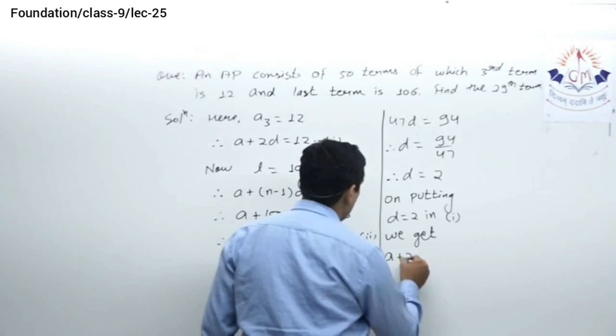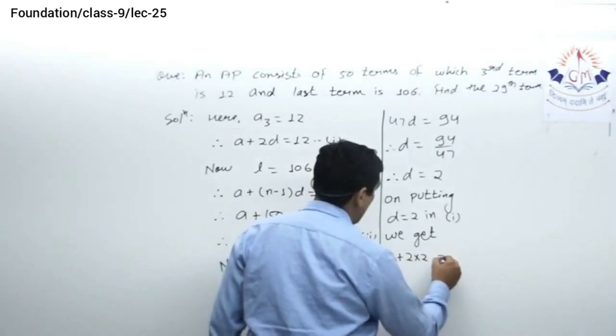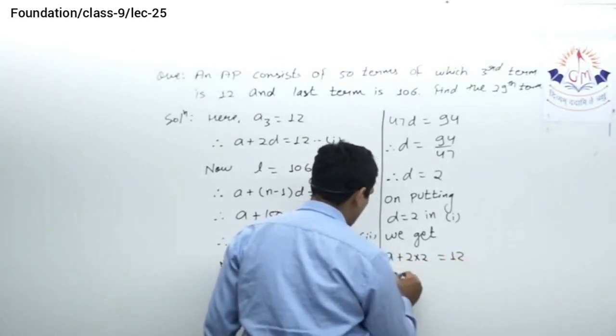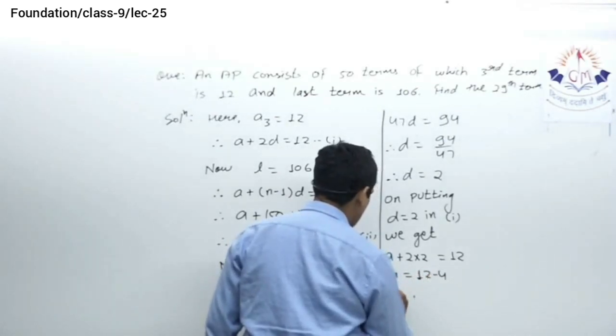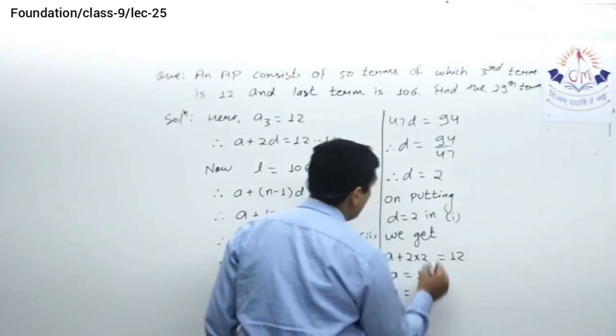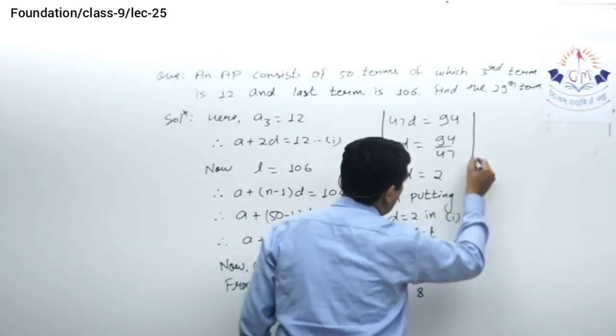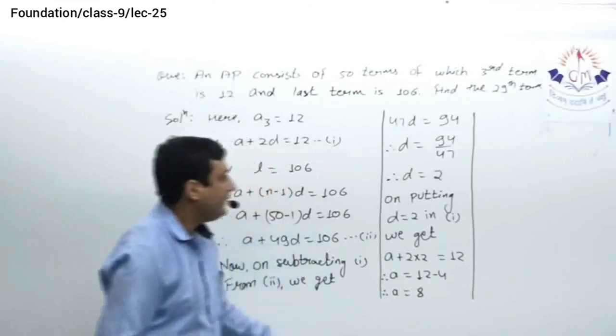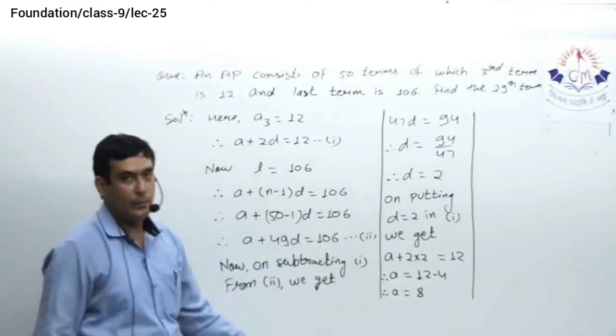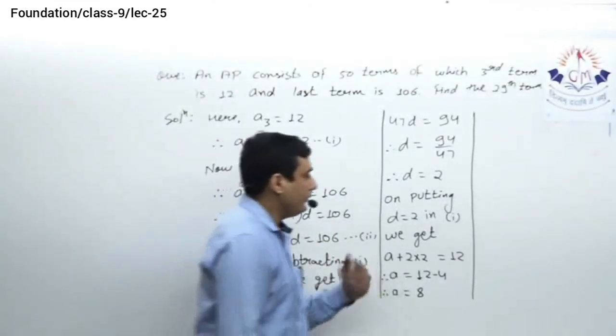A plus 2 into 2 is equal to 12, so A is equal to 12 minus 4. This gives me A is equal to 8. So here I got the value of A. Okay, after getting A and D, it's very easy to find any given term.